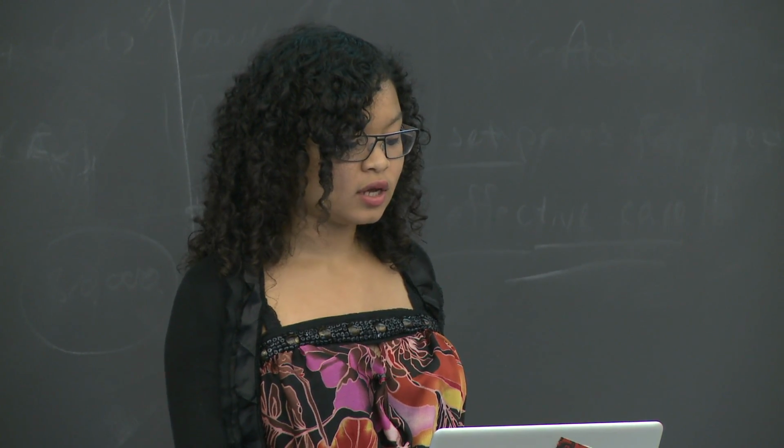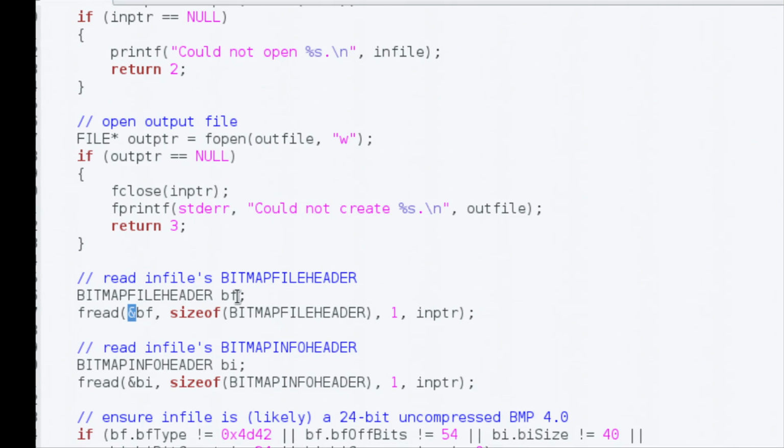So what we have here is saying that BITMAPFILEHEADER bf, that's our new variable of type BITMAPFILEHEADER, we're going to put inside bf what we read from inptr, which is our infile. How much do we read?